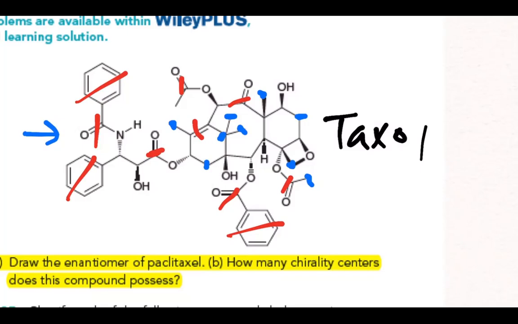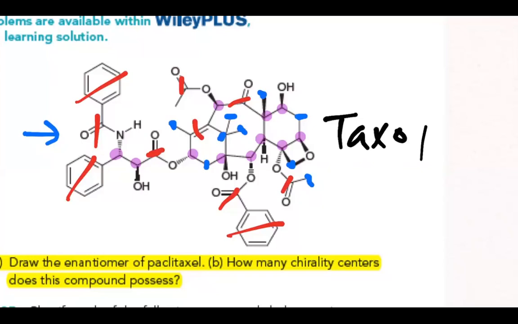That's what those wedged and dashed lines mean. Wedged is coming out of the page and dashed is going back into the page. So that's the chiral center right there. That's one. This is one. Are y'all following that? Both of those are chiral centers, and then that's a chiral center.